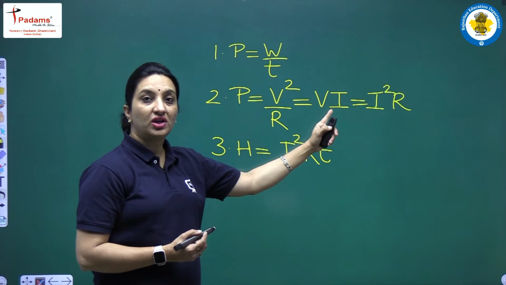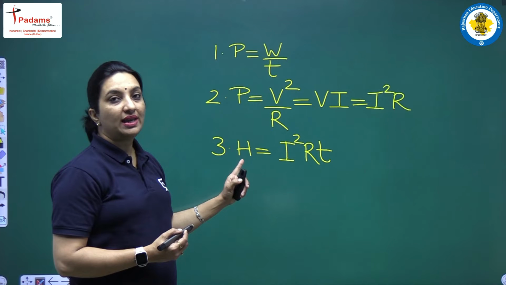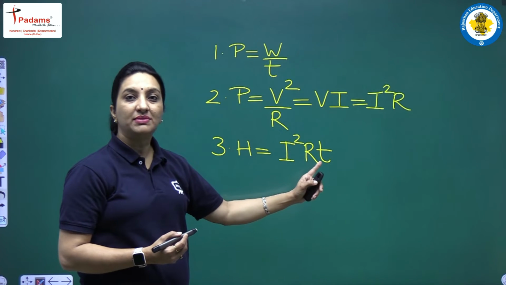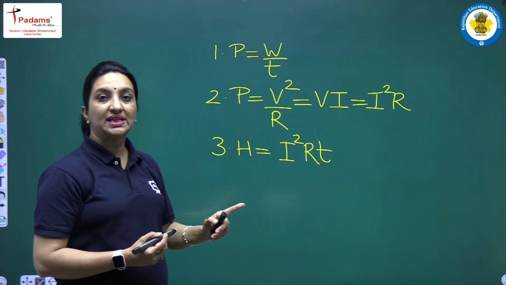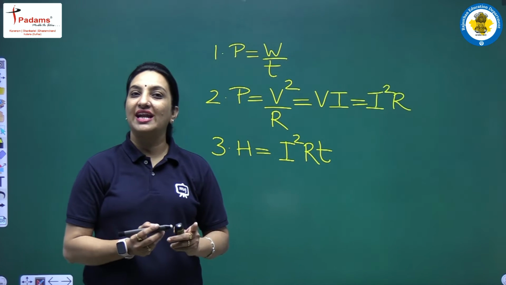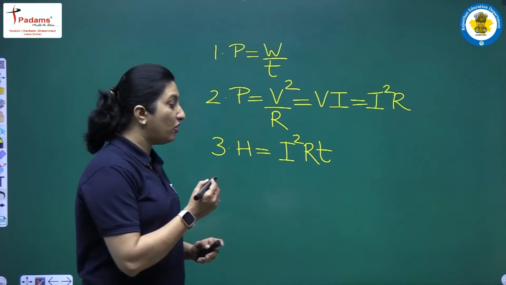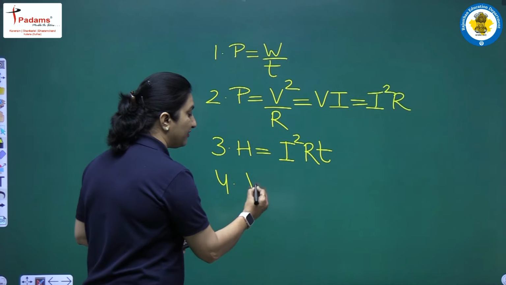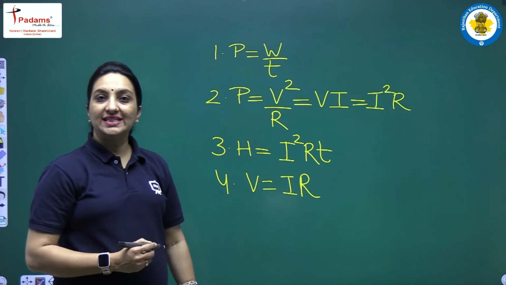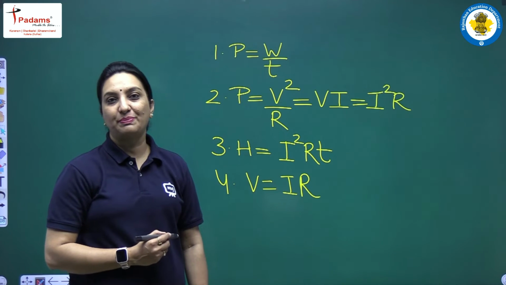Here I stands for the electric current, H stands for the heat produced when electric current I flows through a resistor of resistance R in time T. So these are the basic three formulae which we are going to use in solving the problems given at the end of these two topics. Students, here we may use the Ohm's law also, which is given by V is equal to IR. So let's start with the problems based on heating effects of electric current and electric power.